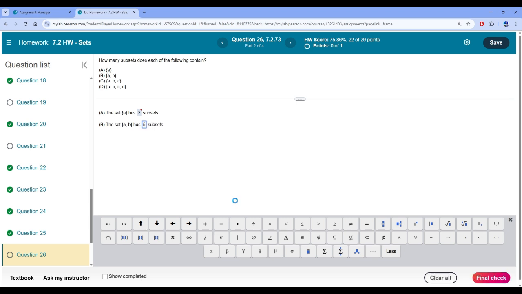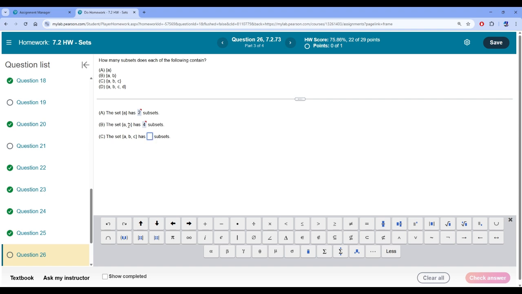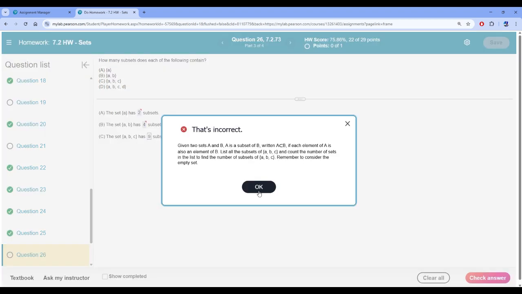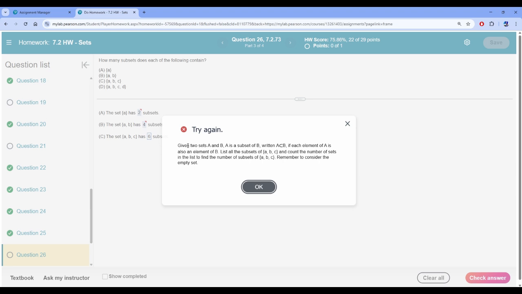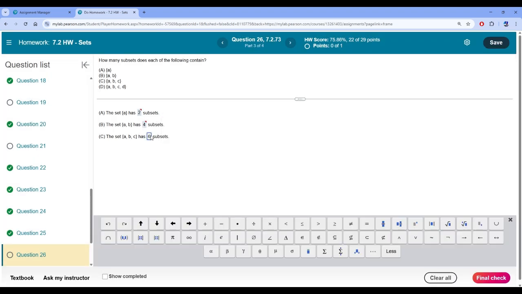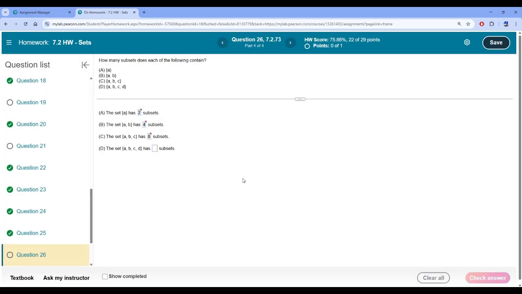Or 5. 4. And this one, 1, 2, 9, 6, 7, 8. Oh my goodness. I'm sure there's a reason why. Is it just times 2 times 2 times 2? No, because that's 3.